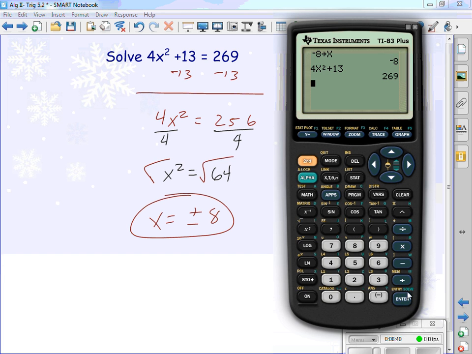What did I get? 269, which is what it was equal to. If I store positive 8 into x, and I still have the same function, I get 269. Both the positive 8 and the negative 8 work. You need to have plus or minus. If you just wrote 8 as an answer, you're missing one aspect of it.